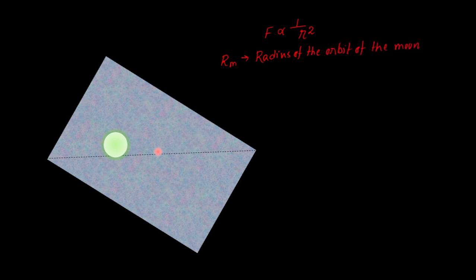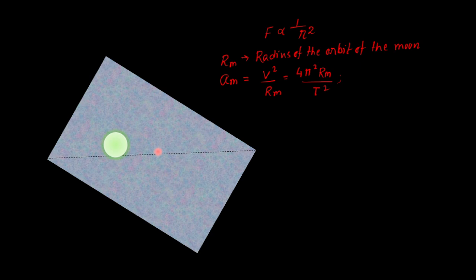Since it is rotating about the earth, it is subjected to a centripetal acceleration due to the gravity of the earth. Let am represent the centripetal acceleration of the moon due to its rotation around the earth due to earth's gravity. So am will be v square by rm, and this equals 4 pi squared rm upon t square.